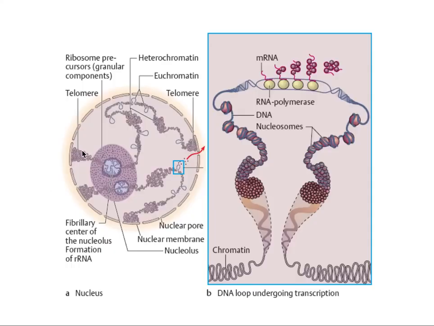If the telomere reaches a certain length, then the cell will commit apoptosis and die. Interestingly, in cancer cells, this telomere length stays constant, so it does not shrink, as happens in normal cells.